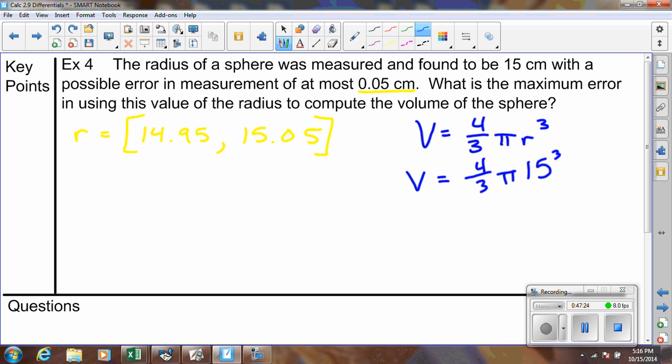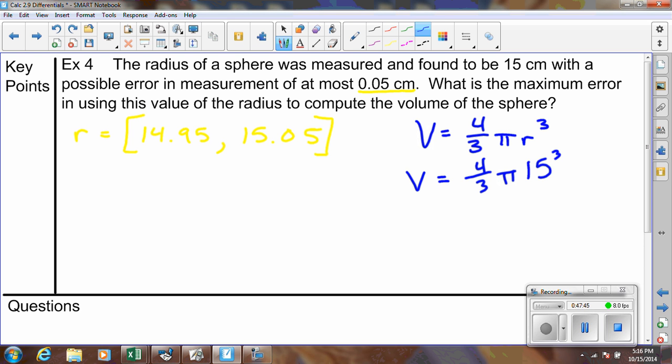How big of a mistake could it be? Are we talking about a mistake that's only 1.1 cubic centimeters big? Are we talking about something that's 50 cubic centimeters error? Are we talking about 1,000,000 cubic centimeters error?